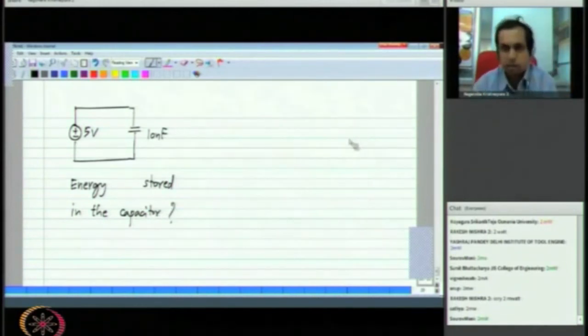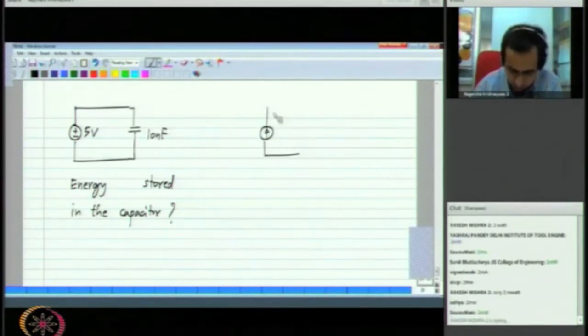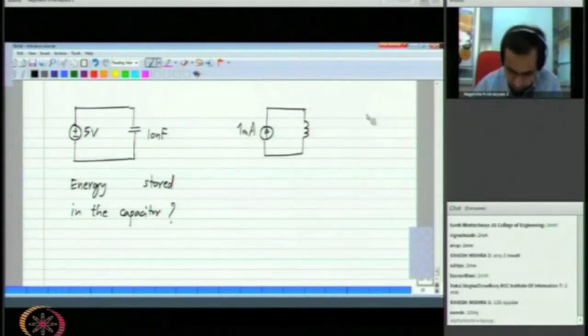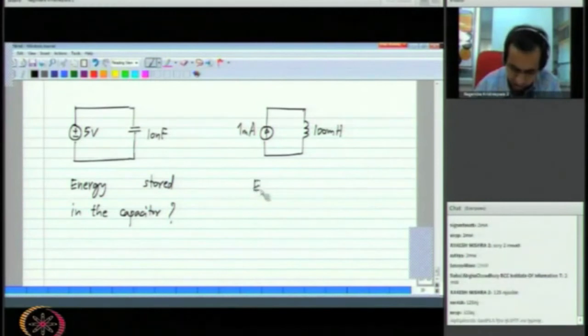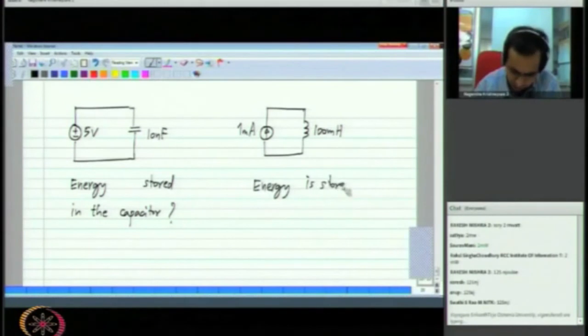Please calculate. And similarly, you can also calculate if 1 milliamp is flowing through a 100 millihenry inductor, how much energy is stored in the inductor?